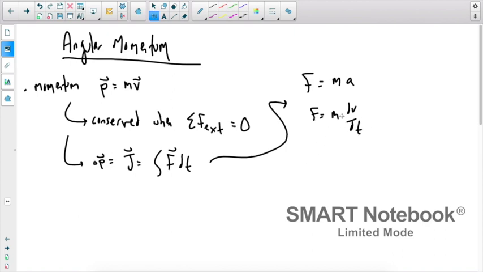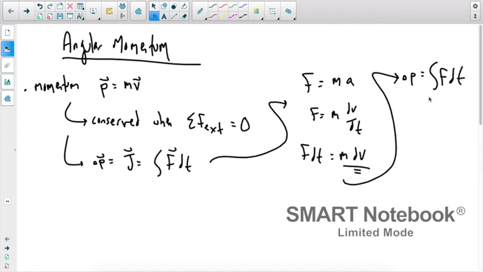And therefore, if the mass of our system is not changing, we can make this differential equation F dt equals m dv, where m dv would be a small, infinitesimal change in momentum. How do we go from infinitesimal changes to big, chunky changes? We take the integral, right? So we can integrate both sides of this, and this m dv will become m delta v, which is just the change in momentum. So that's how we got that equation.